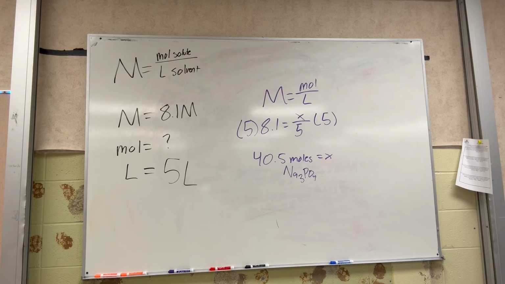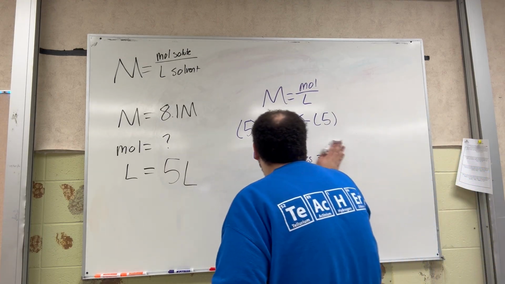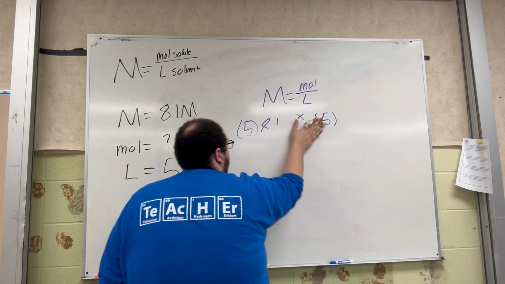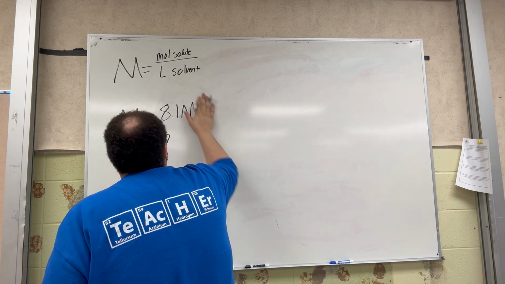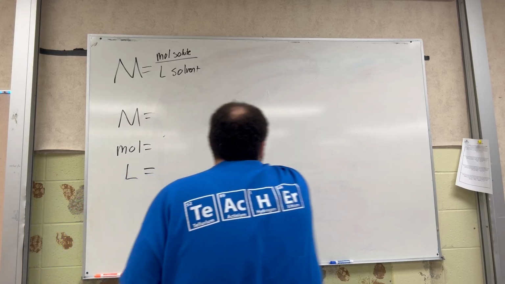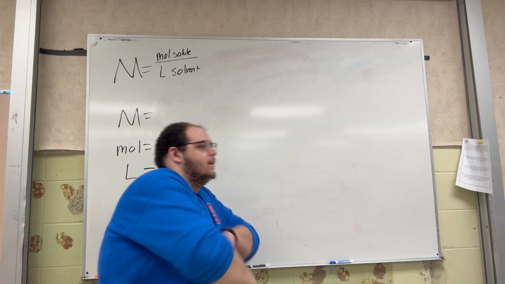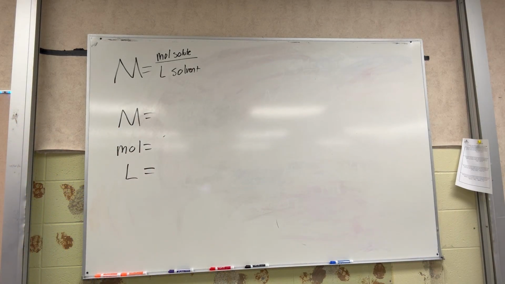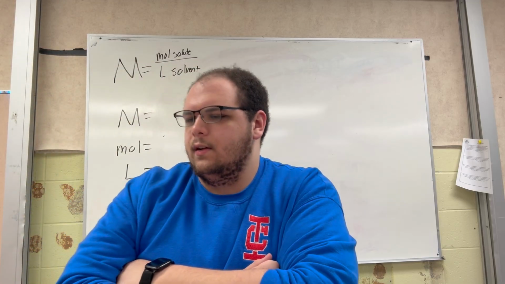What's number 3? I'm about to dilute you guys down a little bit, I think. It says, how many grams of NaCl are there in 0.300 liters of a 4.5 molar solution?